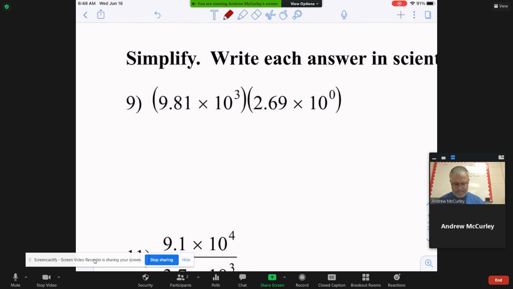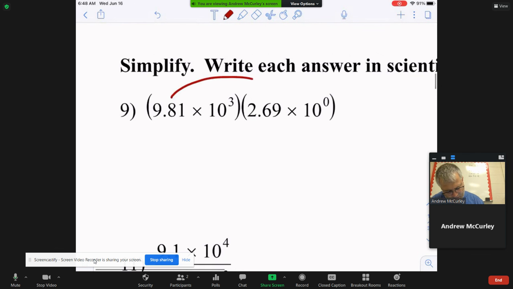I get 26.39, rounding to 2 decimal places, times 10, and I'm going to use the power rule now. 0 plus 3 is 3.